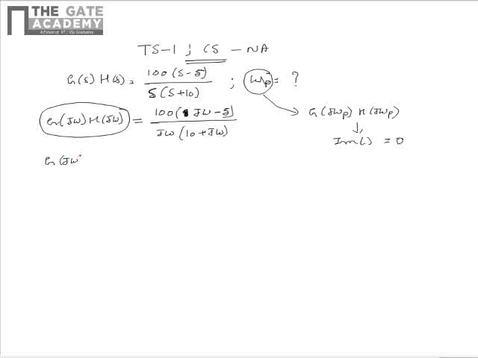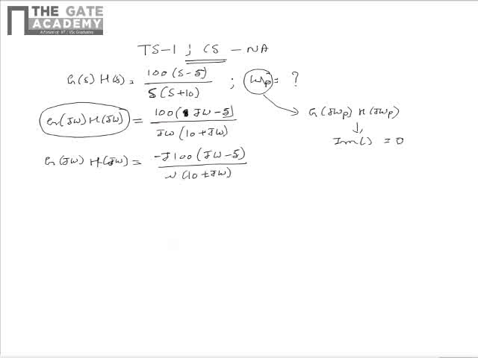So, by rationalizing, we see that G(jω)H(jω) is equal to -j × 100(jω - 5) / (ω(10 + jω)).